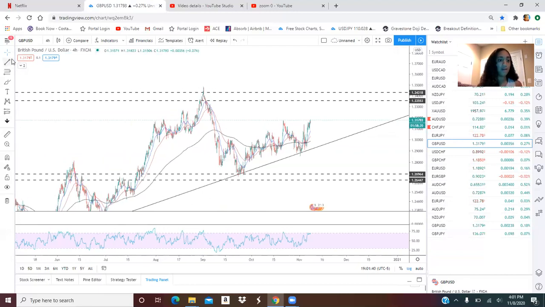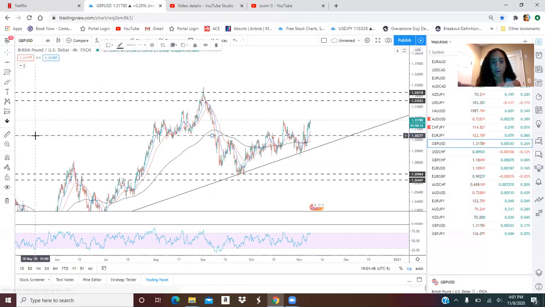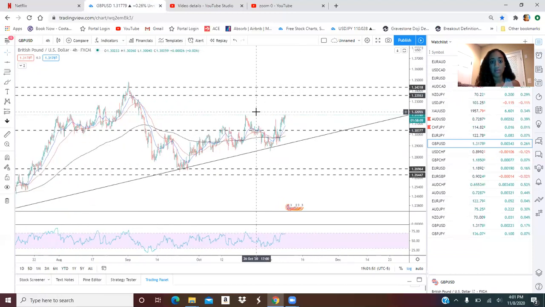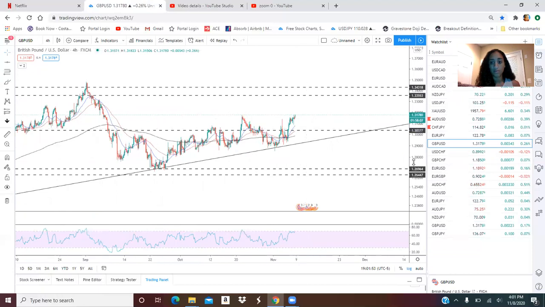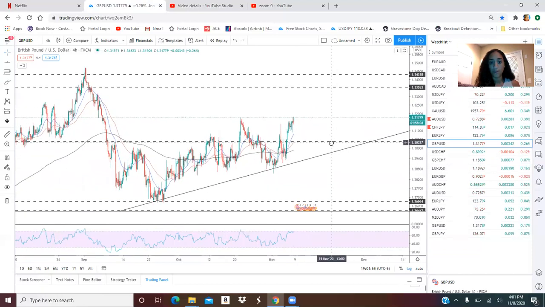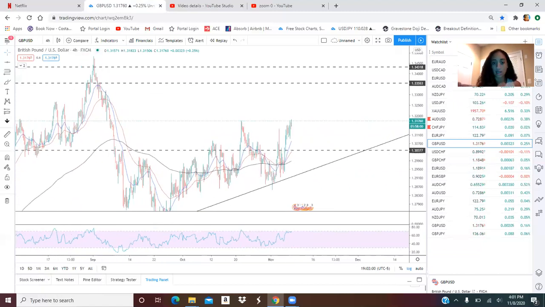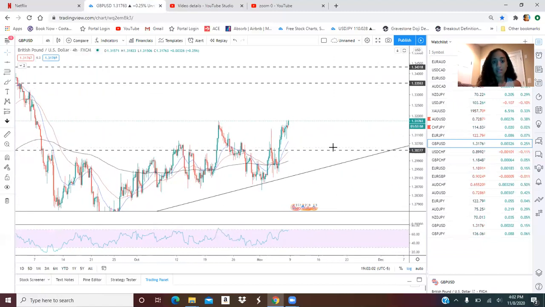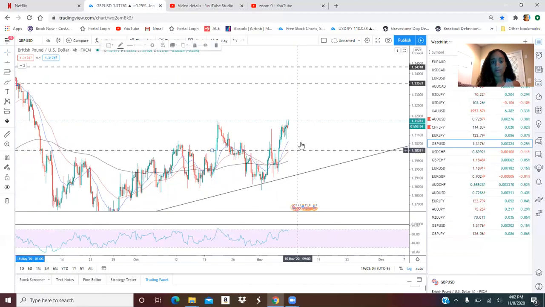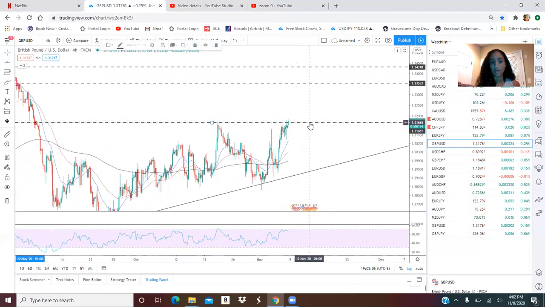Well, we do have a structure, as you can see right here, where price has been support, resistance, so it looks like it did break through here, right? But I'm actually going to move this up further because price is right here.